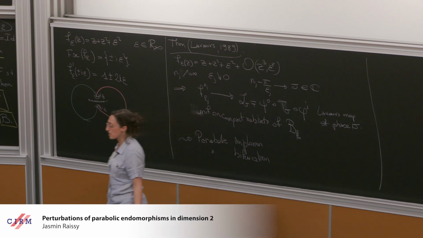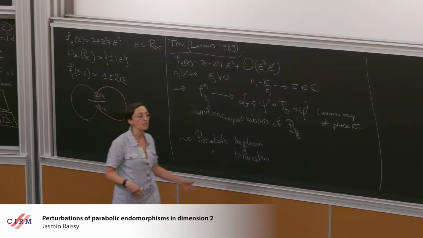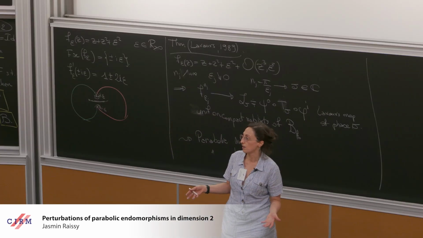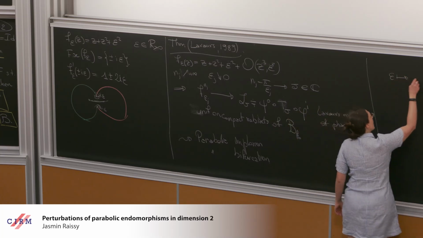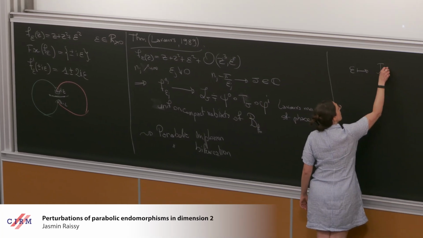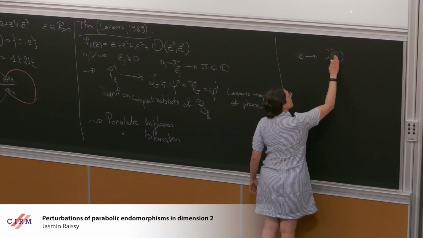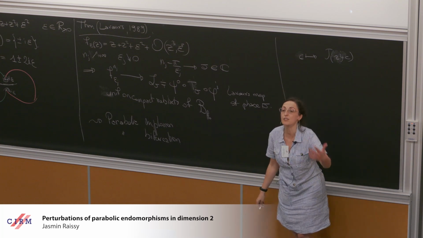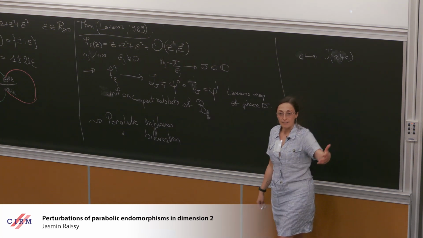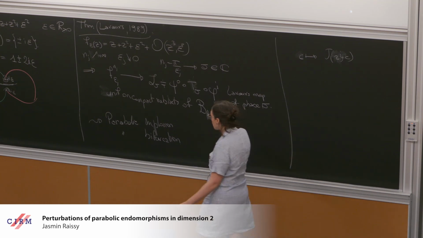Well, the first result that Lavaurs and Douady proved with this theory was the discontinuity that we saw. So if you consider the map sending epsilon to the Julia set J of f_epsilon, or c to J of z squared plus c, it has a discontinuity at the cusp. Okay, that's what we saw, and that's how you prove this result.